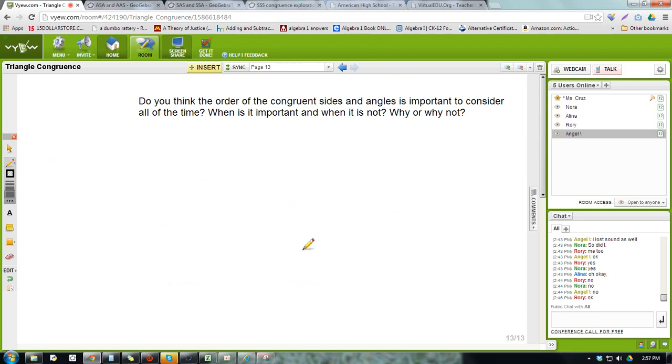Okay. And then one more question. This is kind of for discussion. Specifically, this question is directed to when we have two angles and one side that are congruent. Do you think the order of the sides and angles is important to mention?